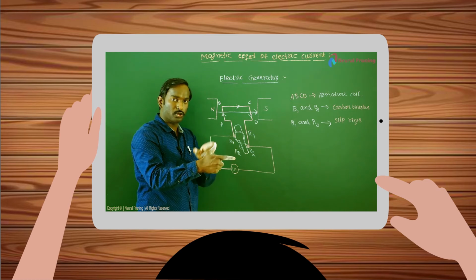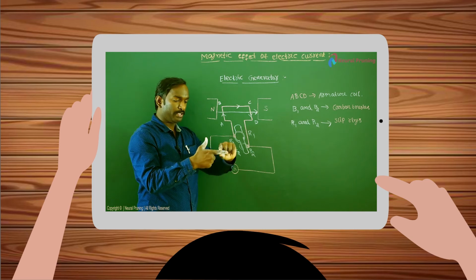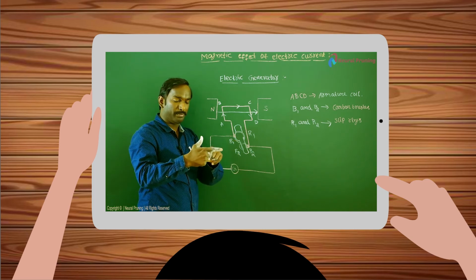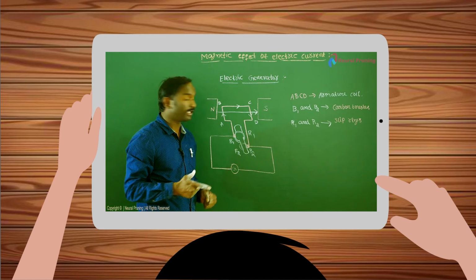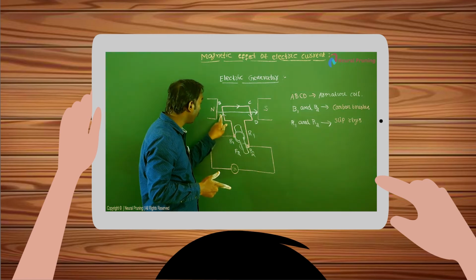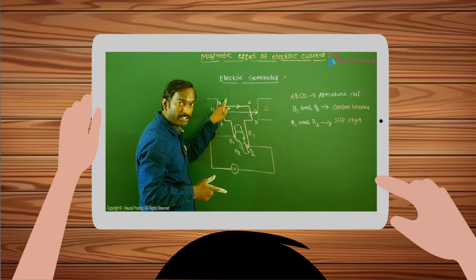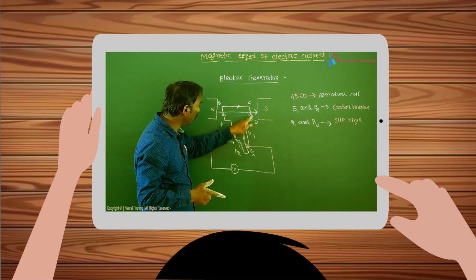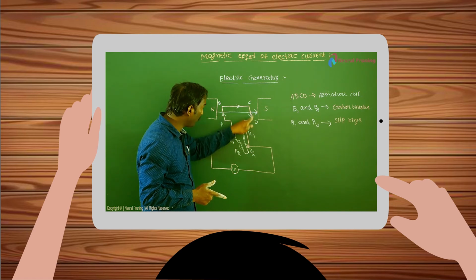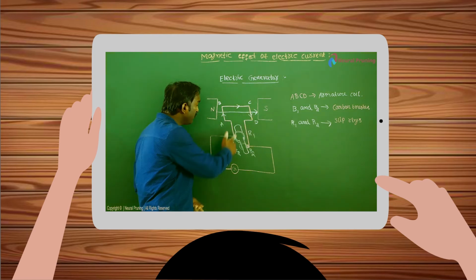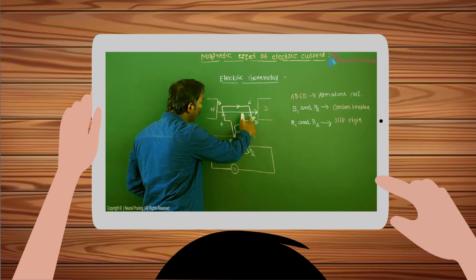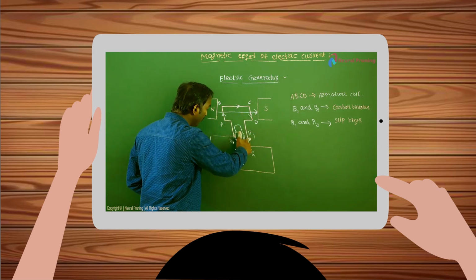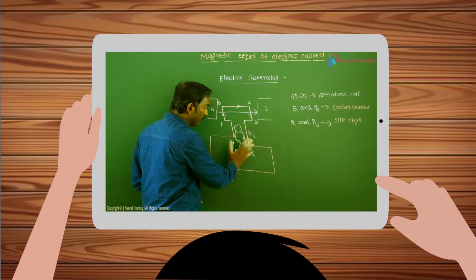It's very easy. The thumb shows the motion of the conductor, the forefinger is the magnetic field, and the middle finger gives the direction of induced current. So now the direction of induced current is from A to B. In the same way, the direction of induced current through arm CD is from C to D. Now this induced current flows in the direction from A to D, and the galvanometer shows the deflection.